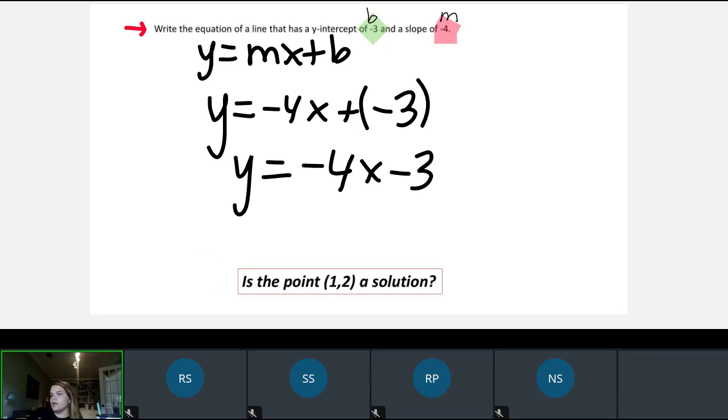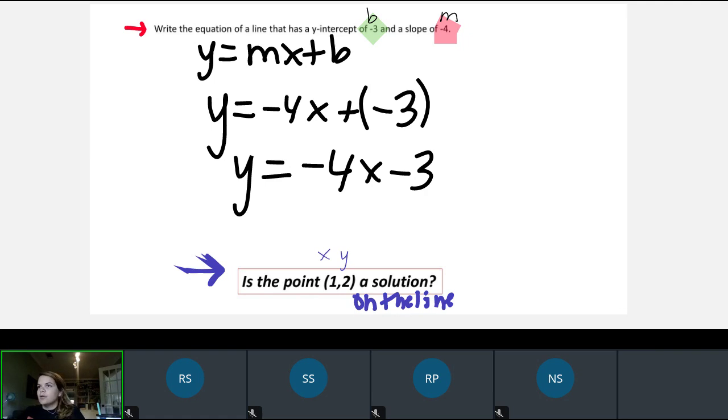Now here's another question, taking it a step further, that was on your quiz. Is the point (1, 2) a solution? What does it mean for it to be a solution? That means it's on the line. So if it says, is this a solution or is this on the line, this is just an ordered pair, so this is x and y.